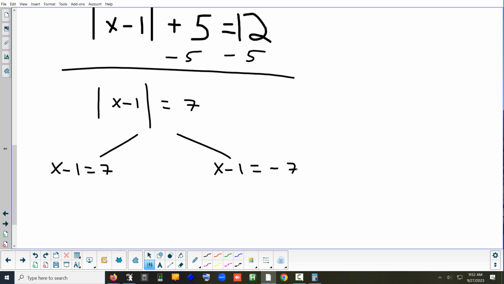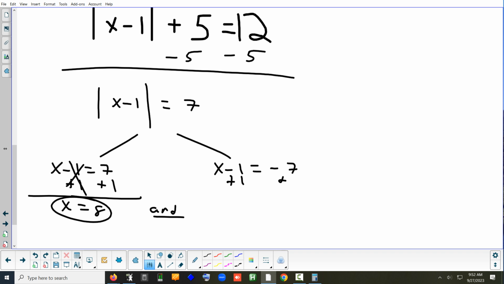Yeah, we want to add 1. So we do want to get +8, but we can't do it by subtracting. We get to add. So x equals 8. All right, and add 1 on both sides. What's -7 plus 1? -6. Yep.